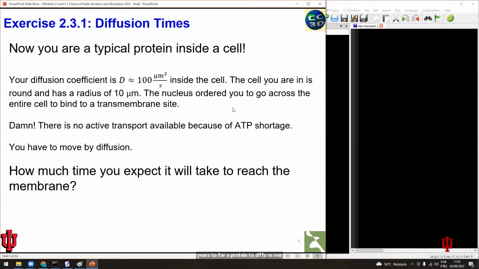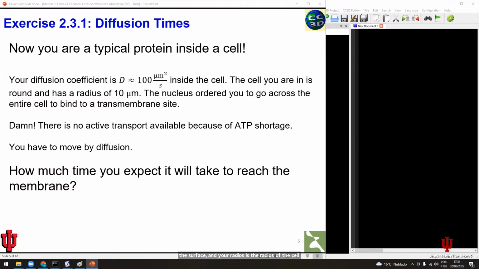This is an exercise for you to do these kinds of estimations. For example, let's say you are a typical protein inside a cell. Okay, this is a little bit of a comic exercise. So your diffusion coefficient is 100 micrometers squared per second inside the cell you're in. Now you want to travel, let's say, from the nucleus to the surface, and the radius of the cell is 10 micrometers.